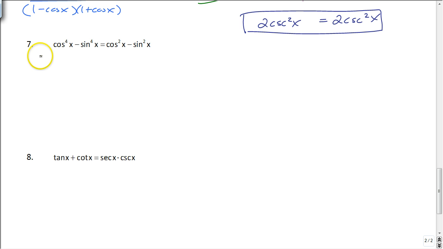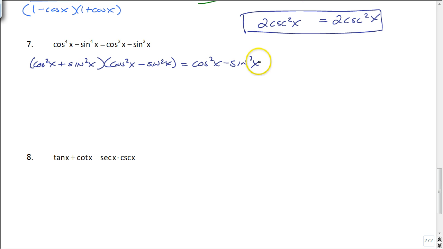This one, first step, factor. You have the difference of 2 squares here. So this is just like x squared minus 4. You would have x plus 2 and x minus 2. Or this is going to be cosine squared x plus sine squared x and cosine squared x minus sine squared x. And that's equal to cosine squared x minus sine squared x.